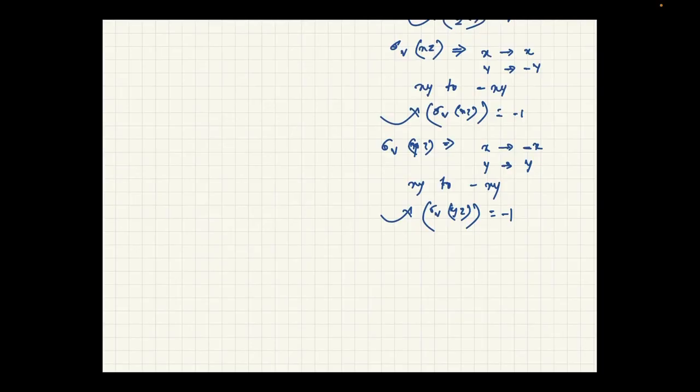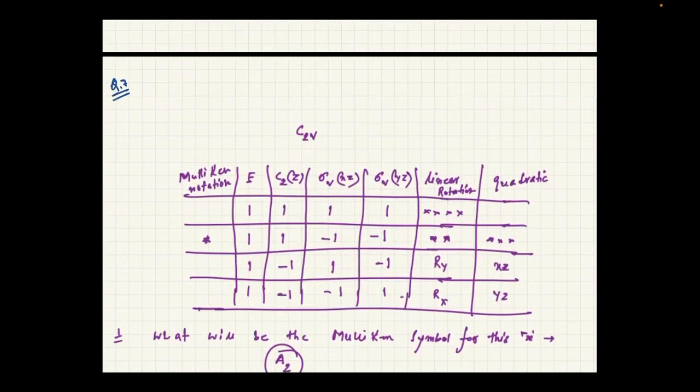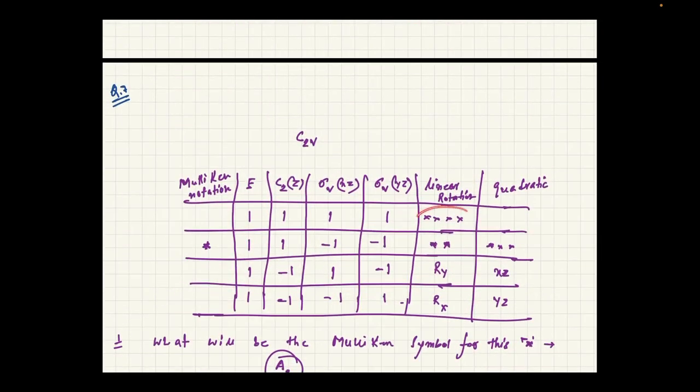Now the next question is, what will be in this place? This place means here the linear and rotation. Linear rotation means here Rx, Ry, Rz can act as a basis, or x, y, z can act as a basis. Okay, now here already this is Rz, and this is xy, this is A2.